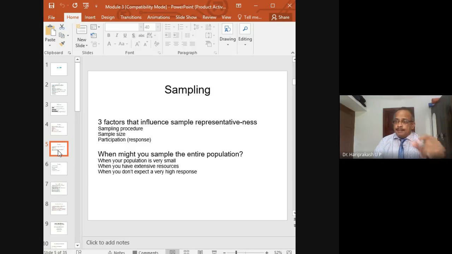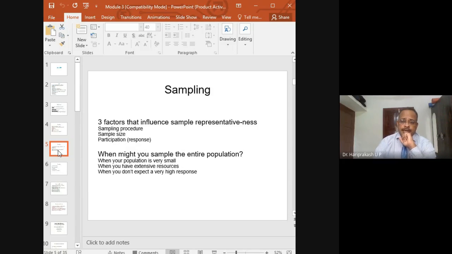Then in your sample also you need to have the same proportion. It cannot be 60-40, 50-50, 30-70, or 70-30. It should be 45% and 55%, the ratio of male and female.